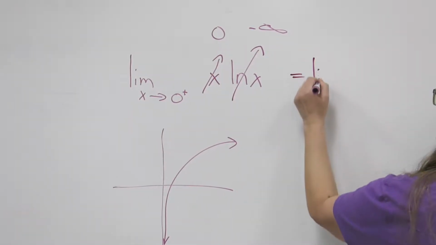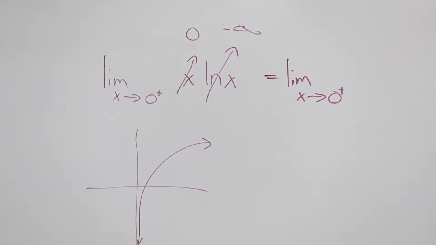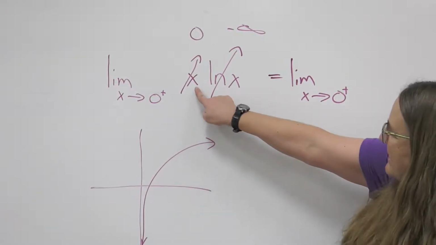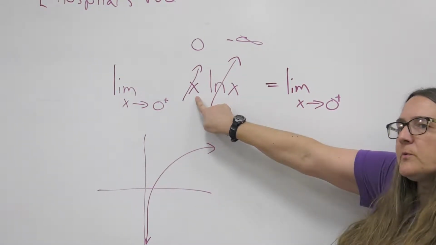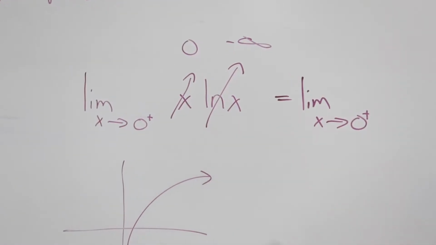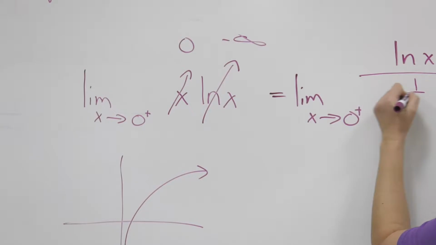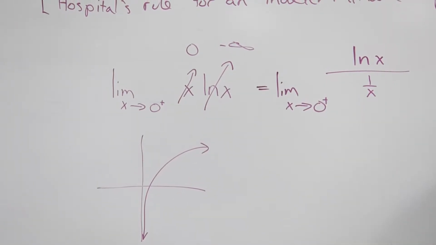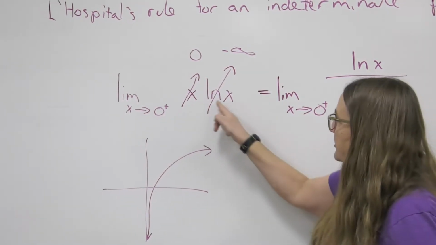I could say this is the same as the limit as x approaches 0 from the positive side, and instead of multiplying by x, let's just divide by the reciprocal of x. So I could write this as a fraction, the natural log of x divided by the reciprocal of x. And of course, if I did that division, I would just flip and multiply, and it's equivalent to multiplying by x.